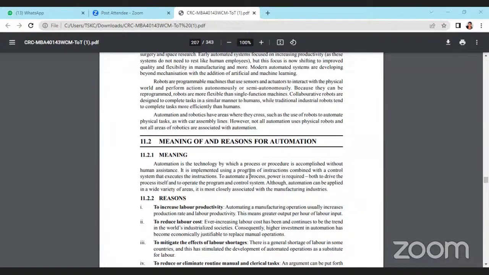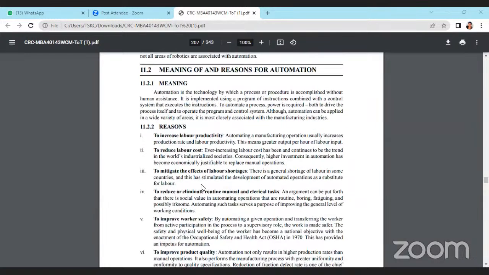For that, we need to write a program with instructions, combined with a control system as well as an execution part. To automate a process, power is required both to drive the process itself and to operate the program and control system.